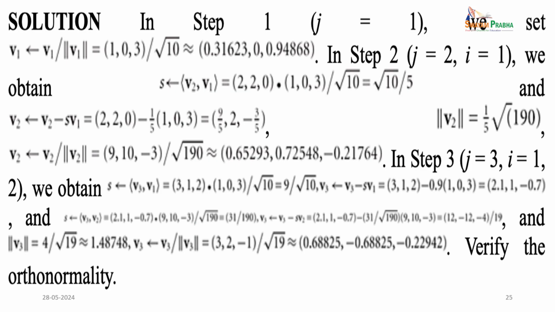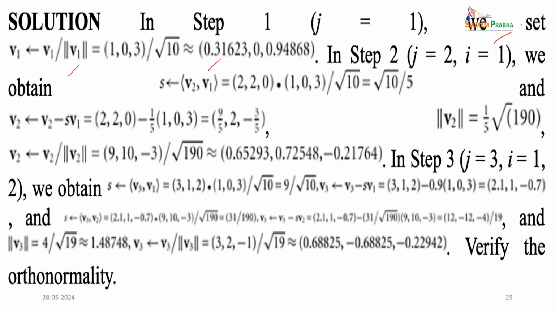Let us start with step 1, j equal to 1. We set V1 equal to V1 by norm V1. V1 is 1 0 3 and norm V1 is root 10, and dividing, you have 0.31623, 0, 0.94868. So, first step.